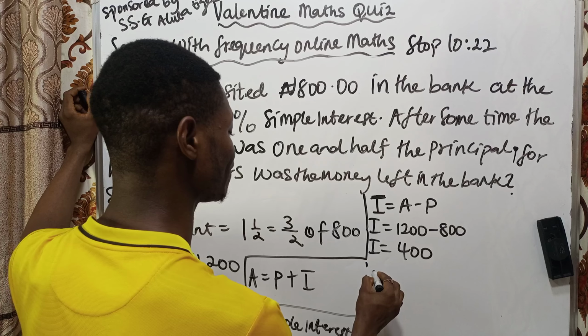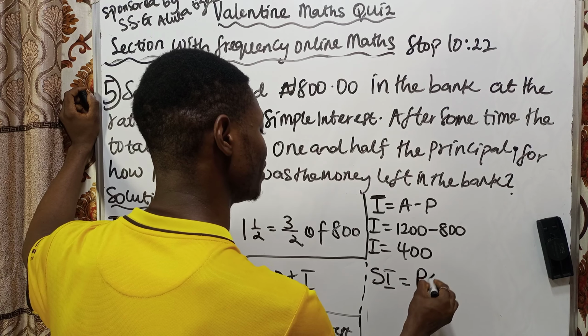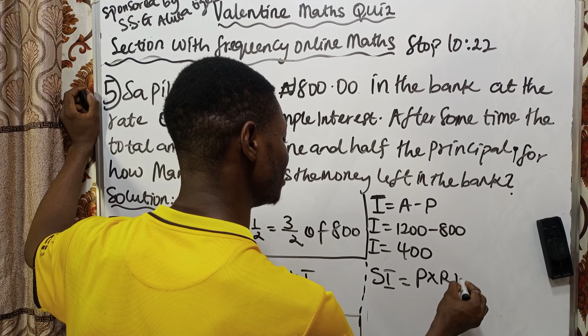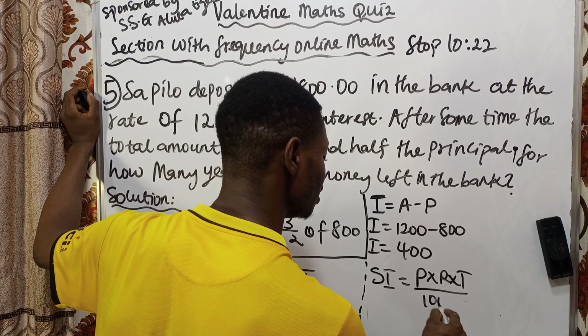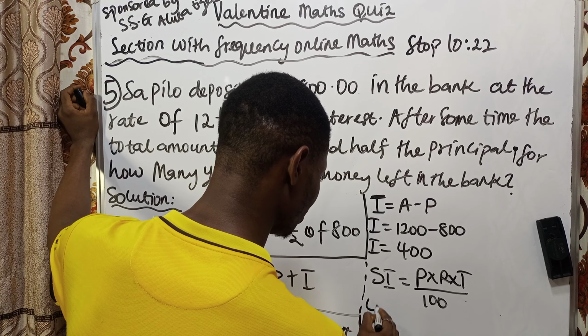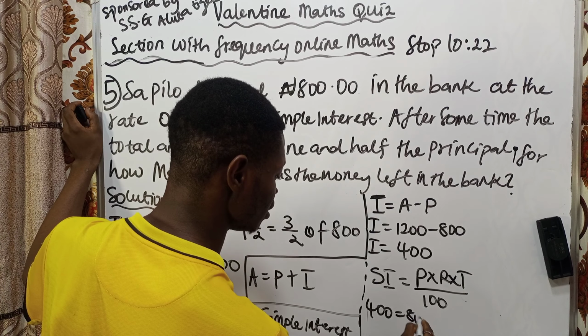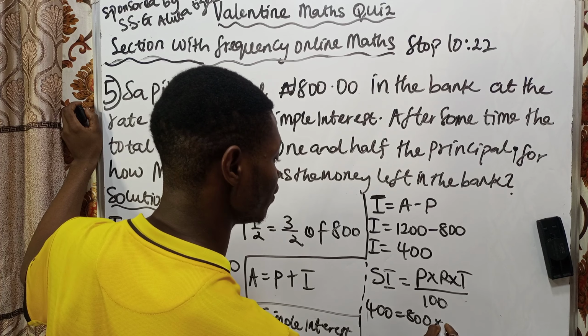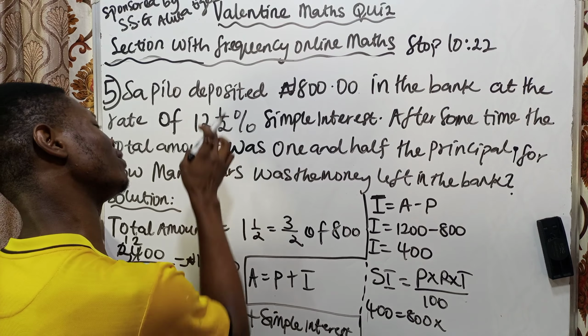Now remember, simple interest is equal to principal times rate times time all over 100. The simple interest is already 400, the principal is 800, and the rate is 25 over 2.